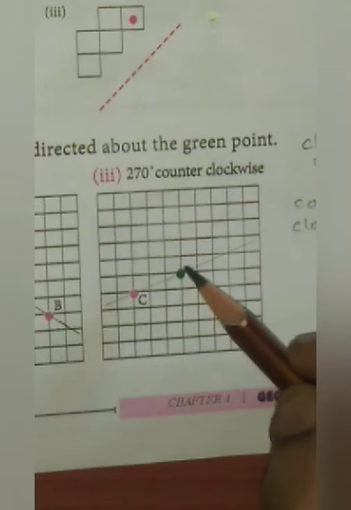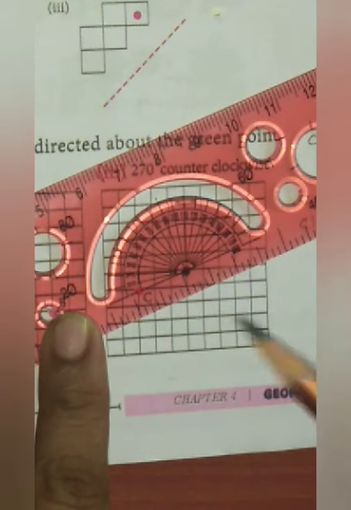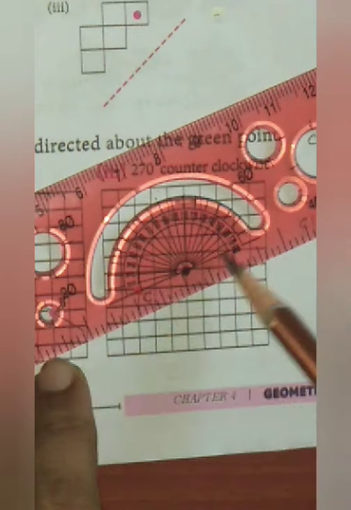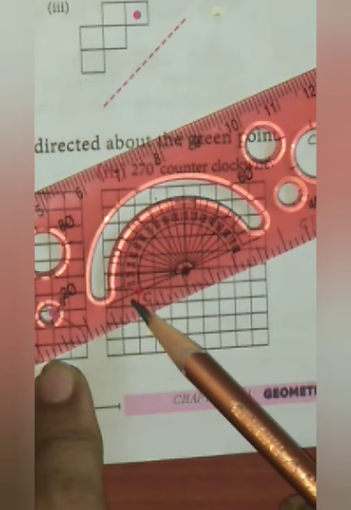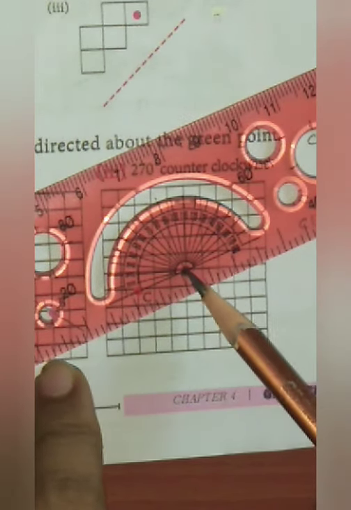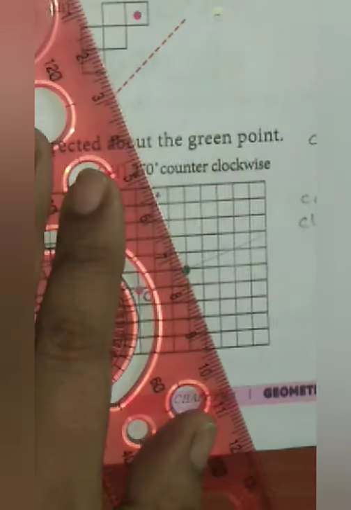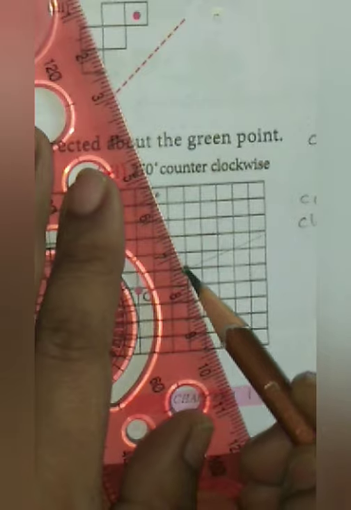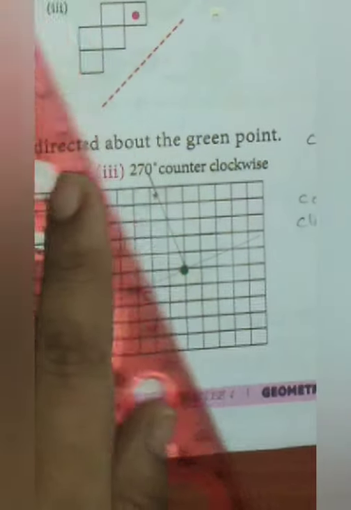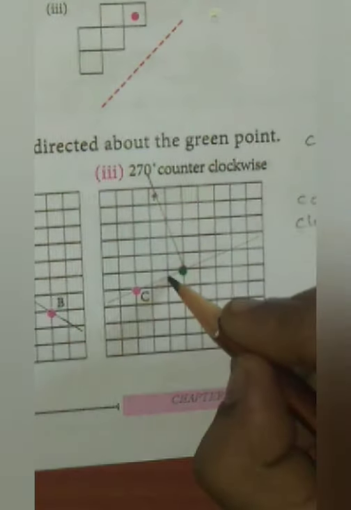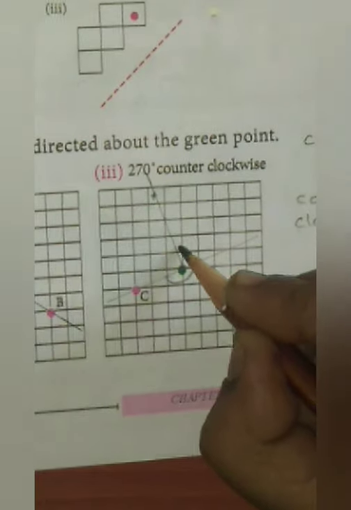so that when you add 90 degrees and 180 degrees, you will get 270 degrees. Now place the protractor so that the baseline on the protractor and the line you have drawn coincide with each other, and take 90 degrees. Now draw a line joining the two points, and the angle formed here is 270 degrees.